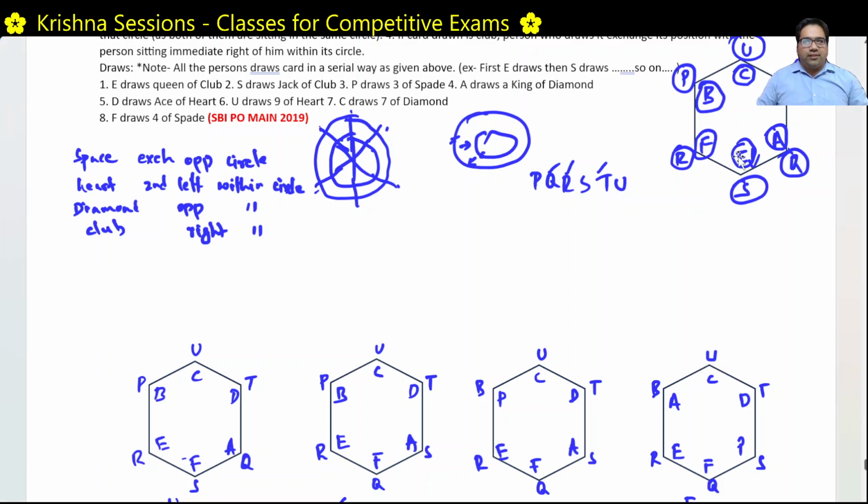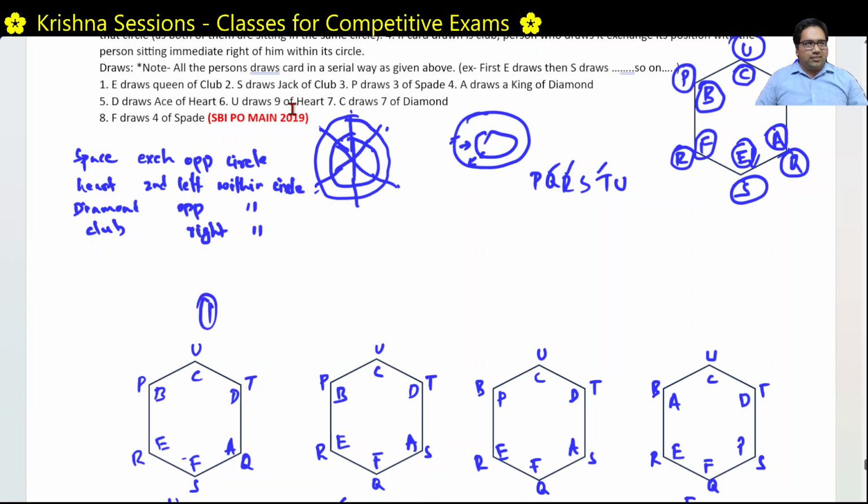The rest all will remain the same, because queen of club means right within that circle. So apart from E and F, the rest all remain the same: R S Q T U P, and C D A B. This is the arrangement after the first operation.